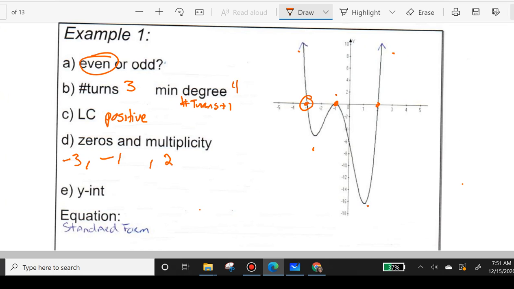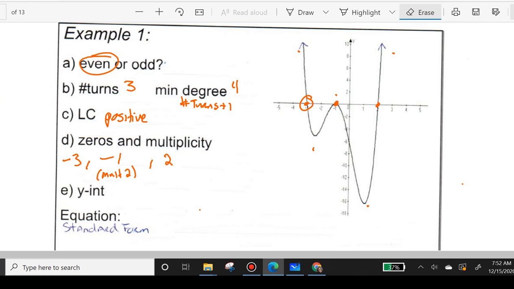And then for the multiplicity, hopefully everyone acknowledges that the -1 has a multiplicity of 2. Again, sometimes I just put 2 times. I don't want to confuse anybody and make you think it's x's, so that's why I'm writing multiplicity of 2.